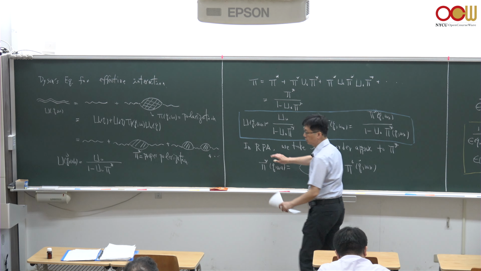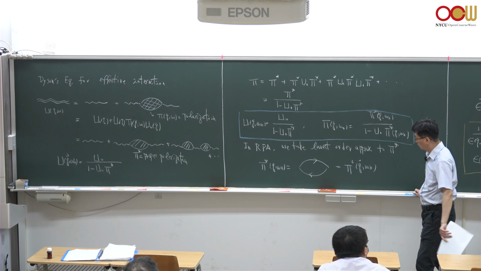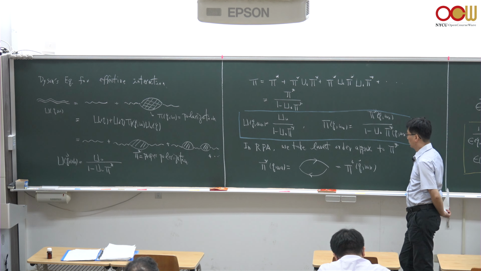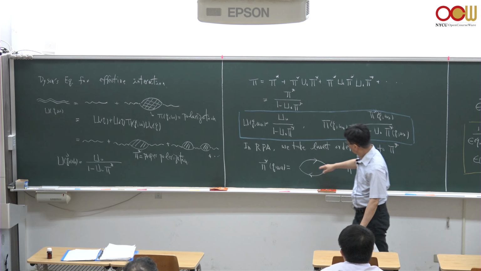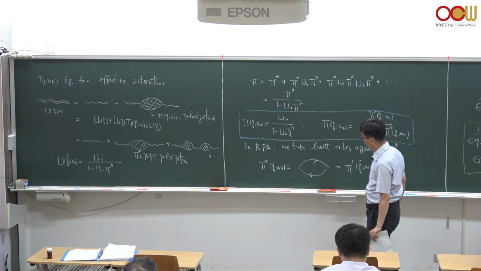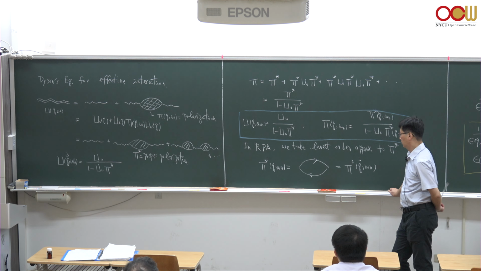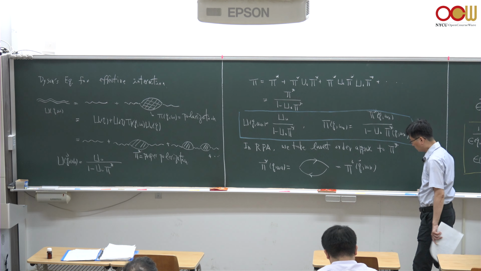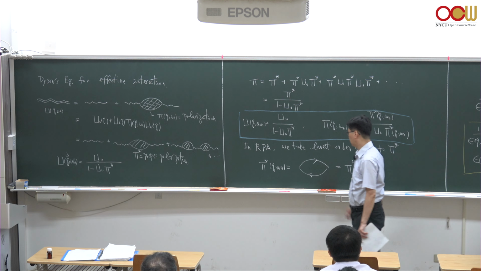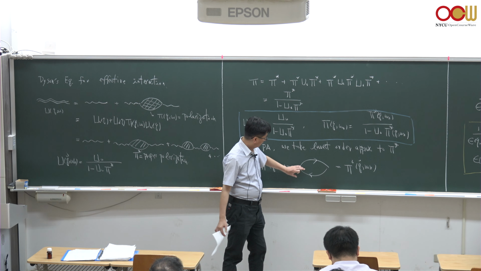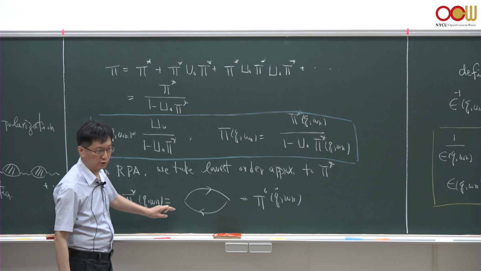As I mentioned, this random phase approximation is an approximation in which we simply take the lowest order approximation to pi star. In general, pi star can have higher order contributions other than this single bubble. You could imagine that at higher orders, this pi star could have more complicated diagrams than just a single bubble.